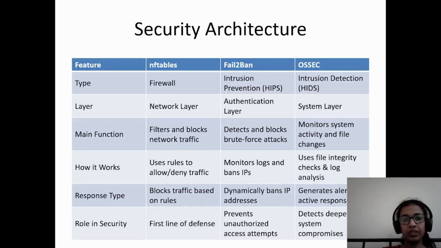Secondly, we use Fail2ban at the authentication layer to stop brute force login attempts. And thirdly, we use OSSEC at the system layer to watch for internal file changes. By layering this, the attacker has to break through three different types of security to succeed.